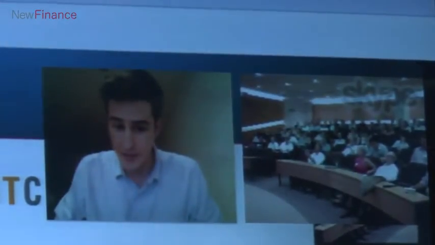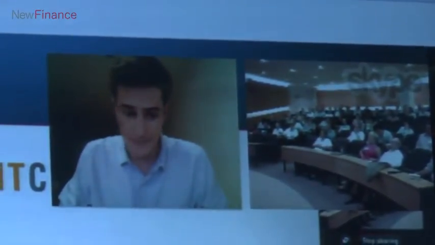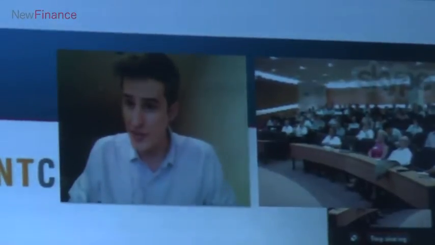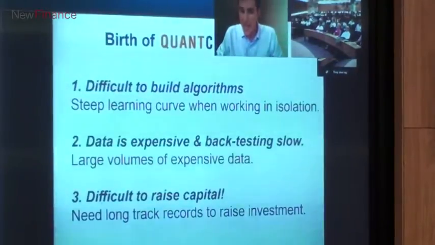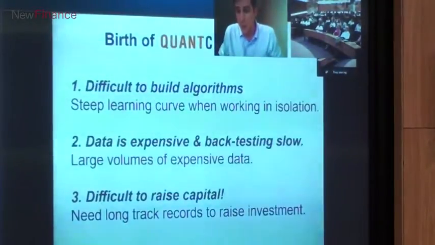And then eventually after about 18 months, I finally had a strategy that was working nicely, had very low risk. It was a good strategy, and I went to raise capital for it, and it was very, very difficult to raise capital without at least a 6 to 12 month track record. So there are a number of barriers to entry for emerging quants or emerging hedge funds that we identified.